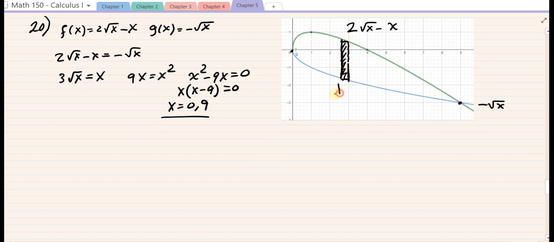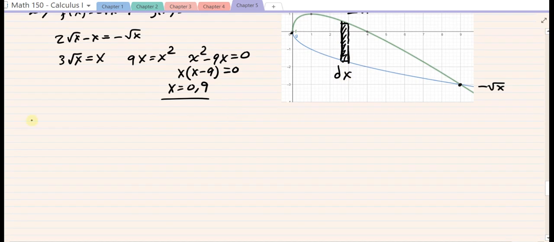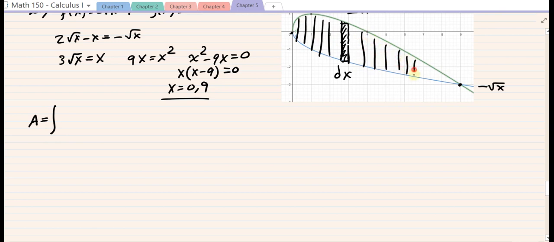So the rectangle will have width dx, which means I need everything as a function of x. The rectangles can start from the beginning and work all the way to the end, which is at 9. They stop at 9. I cannot have rectangles beyond 9.